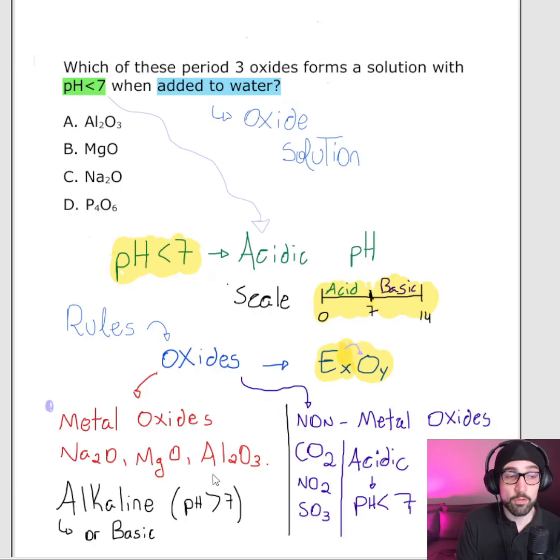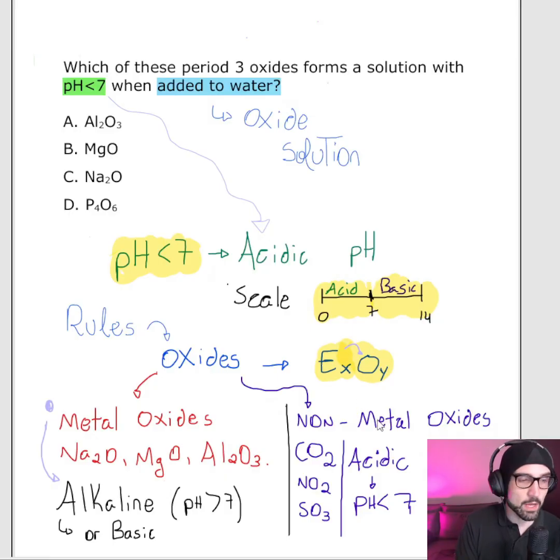You have to be careful with group 13, because you have metals, metalloids, and non-metals in that group. But aluminum is a metal, right? We make cans out of it. When you have metal oxides, the rule of thumb is your oxide solutions are going to be alkaline or basic. They're going to have a pH higher than 7, which is what defines an alkaline or basic solution.